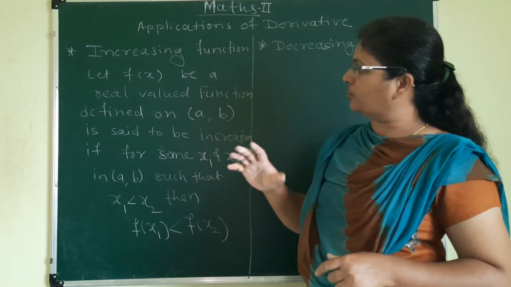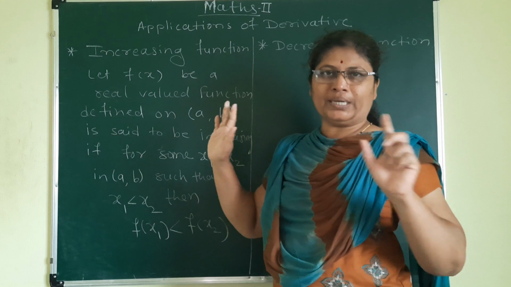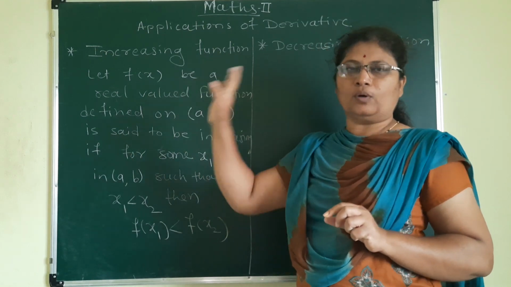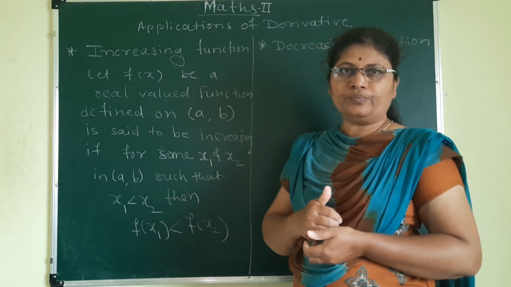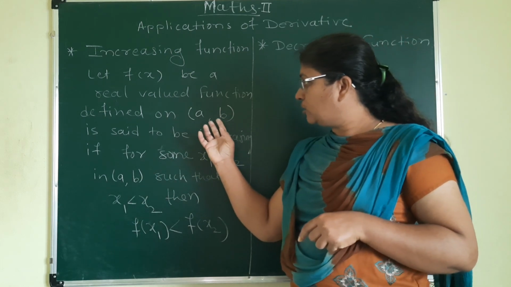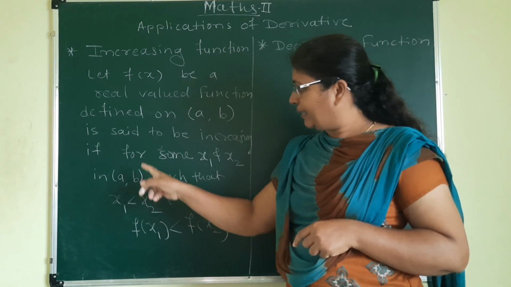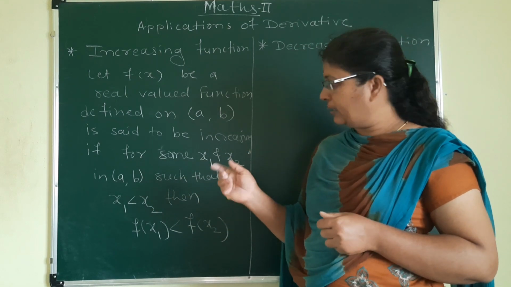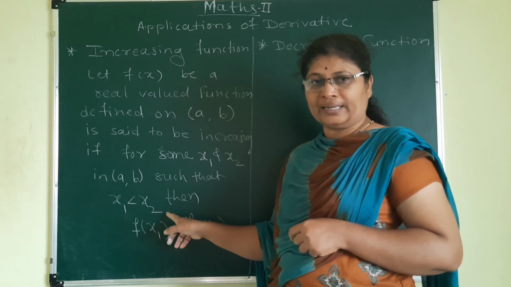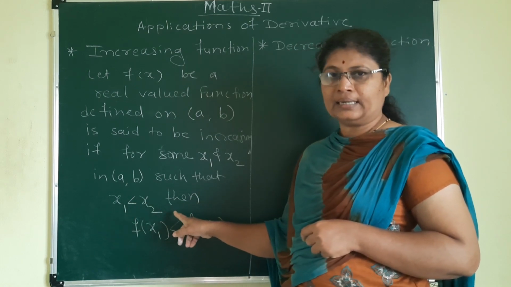What is this definition actually? If your function is f of x, given f of x is equal to some polynomial, suppose, which is defined in this interval. Now what will I do? I will choose 2 points from this interval. They are x1 and x2, such that x1 is less than x2.